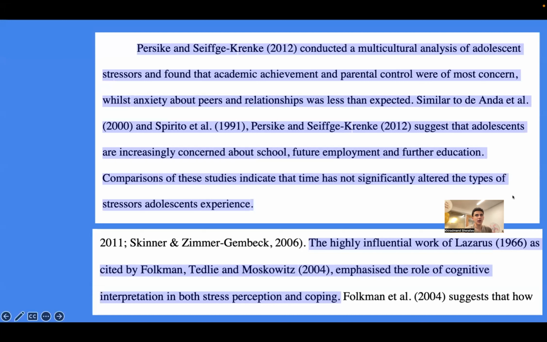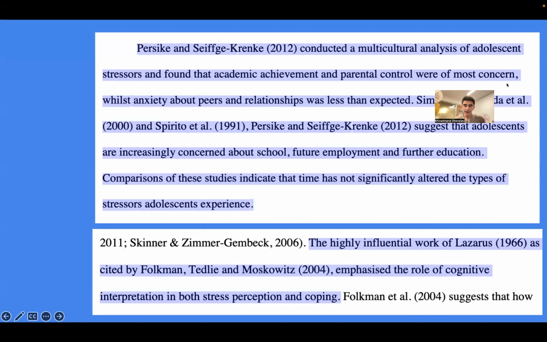Anxiety about peers and relationships was less than expected. Similar to Anda and others, and Spirito and others, Persike and other scholars suggest that adolescents are increasingly concerned about school, future employment, and further education.